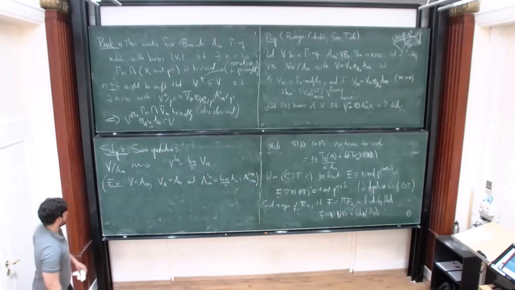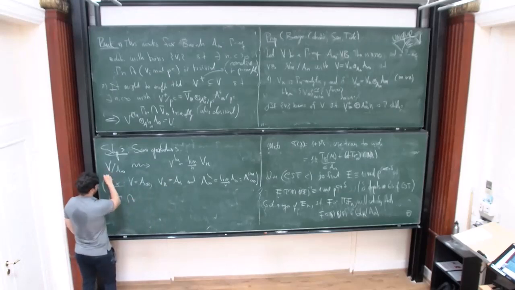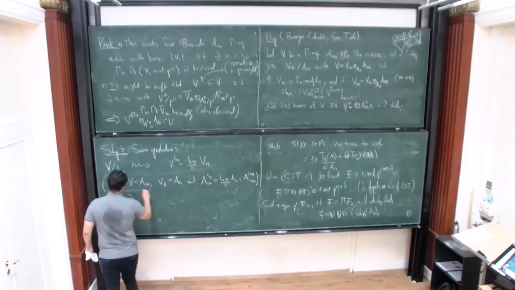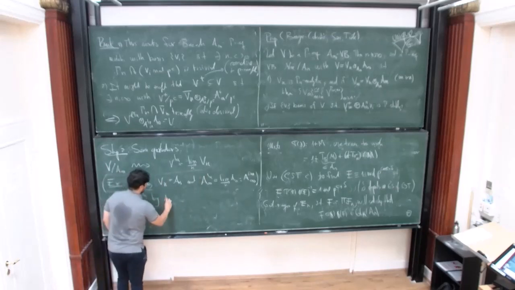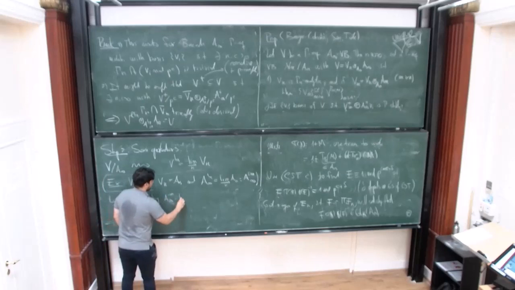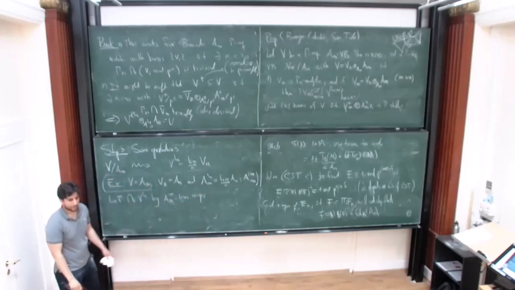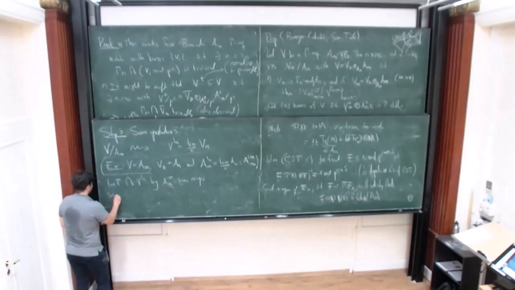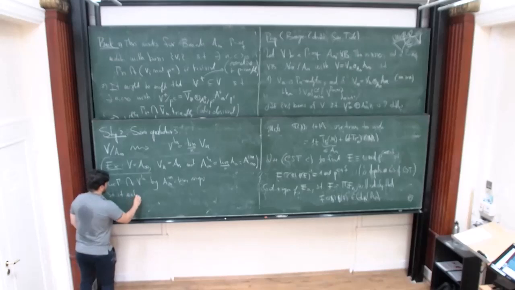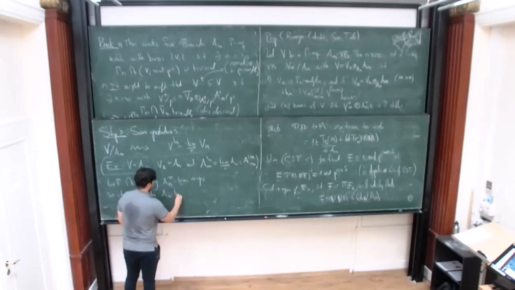In this particular case, we have that the Lie algebra of gamma acts by, let's say, infinitesimal linear maps, so it extends to infinity linear maps.